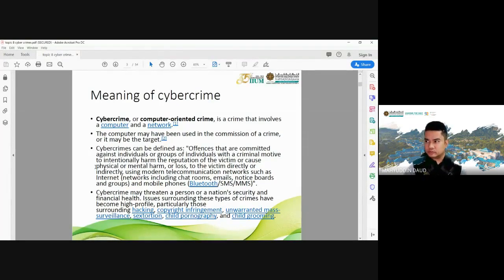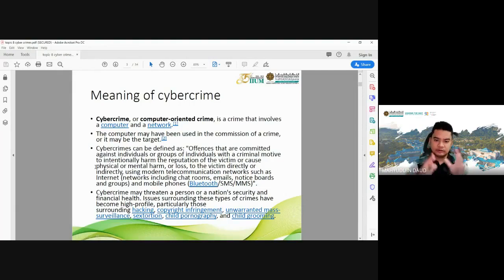So we will see that the Penal Code has also been applied in the cyber environment. There are other provisions. For example, if we talk about child grooming, we can use the Sexual Offences Against Children Act and many other acts.